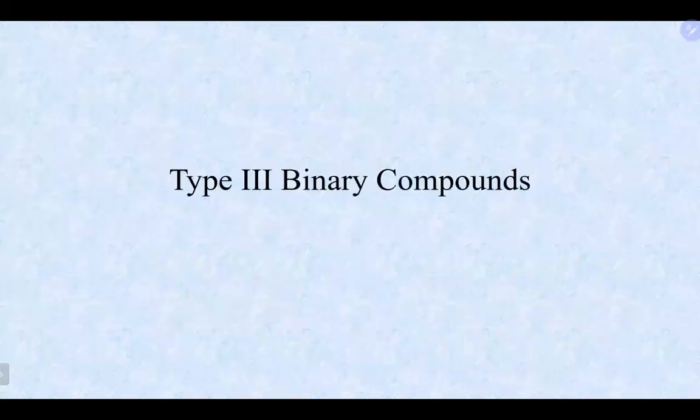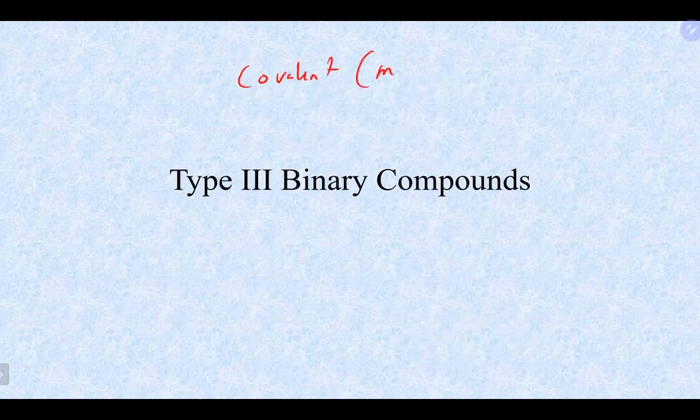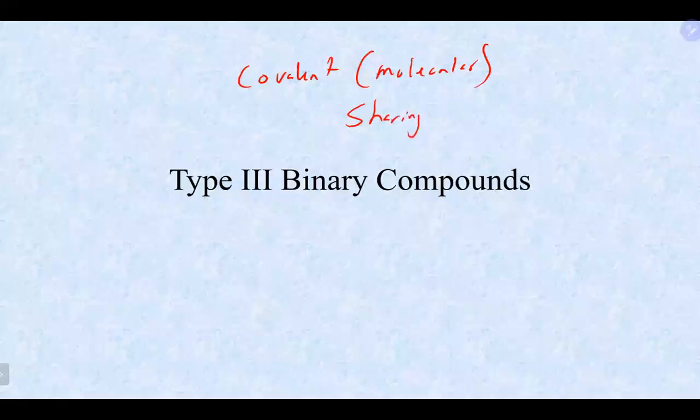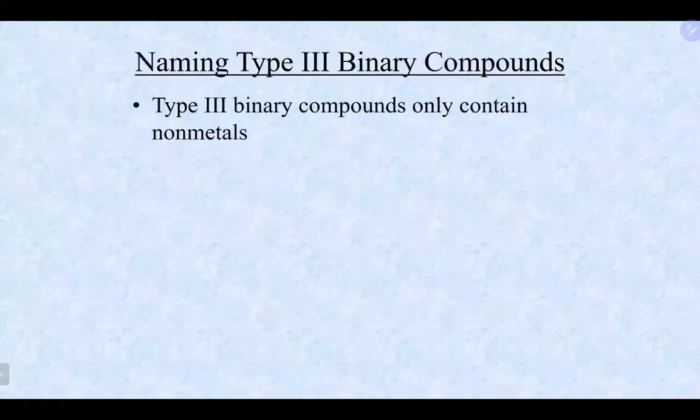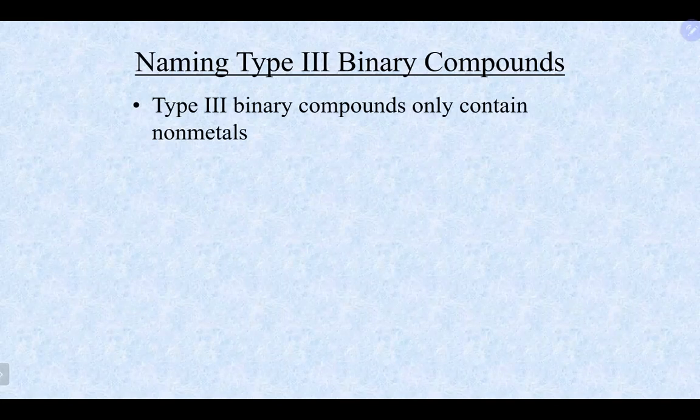Okay. So then let's talk about type 3 compounds. Type 3 compounds are different. They are covalent compounds, molecular compounds. Basically they are sharing electrons here. With our type 3 guys, they contain only nonmetals. They are, I think, the easiest to do, but they are the ones that people screw up the most on. This is actually where prefixes should be used.